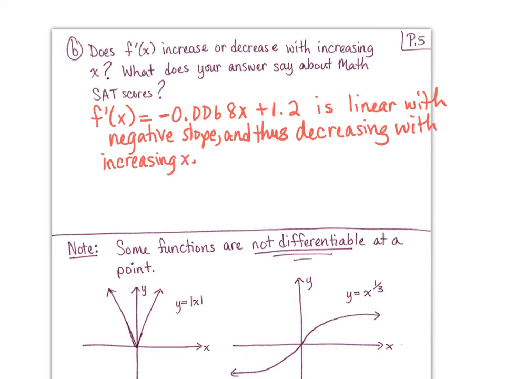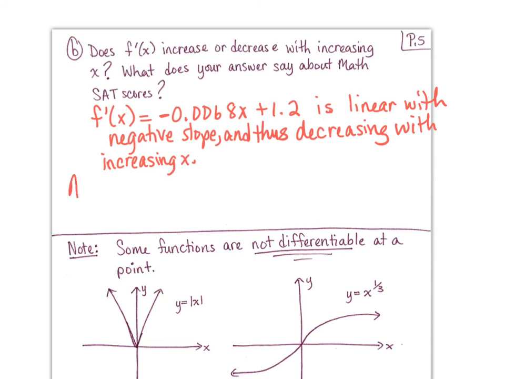So we answered the first question. Now the second says, what does your answer say about math SAT scores? This says that a student's math SAT increases at a slower and slower rate as her parents' income increases. Okay?